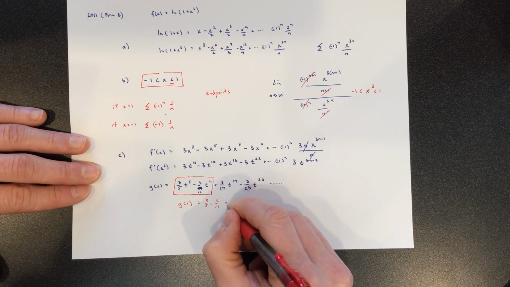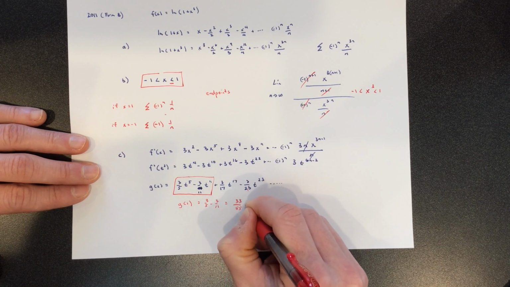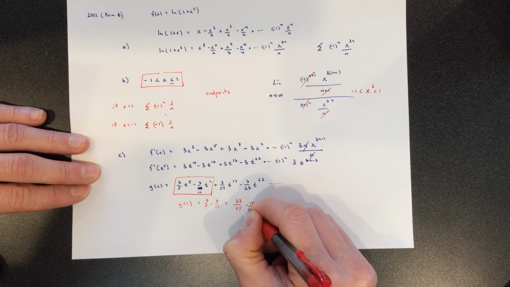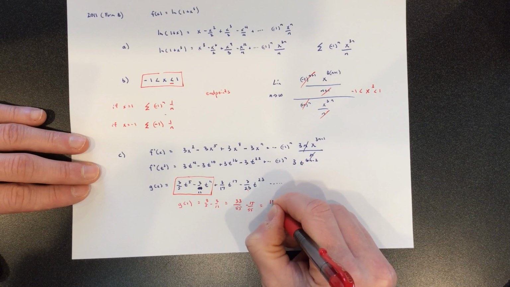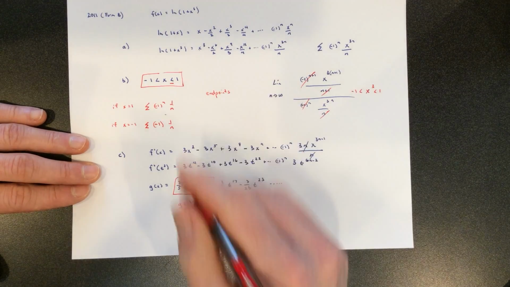Okay, do a little algebra there. That is going to be 33 over 55 minus 15 over 55, which gives me 18 over 55. Okay, that's g of 1. Okay, part C is done now.